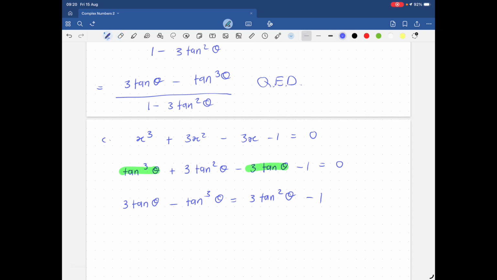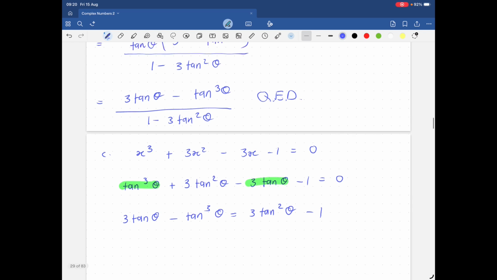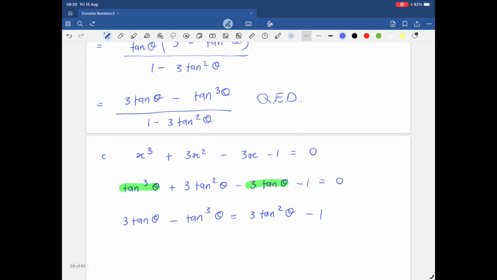Now what we can do is we can divide some things onto the other side. I just might check that we haven't made any mistakes. So far, we've got x cubed plus 3x squared minus 3x minus 1. So we've gone tan cubed theta plus 3 tan squared theta minus 3 tan theta minus 1. We have minused the tan cubed theta to the other side and plussed the 3 tan theta to the other side.